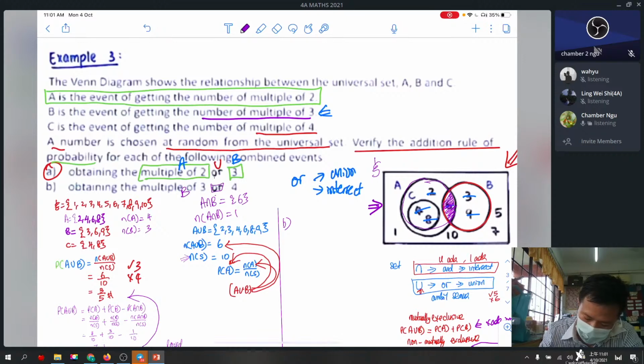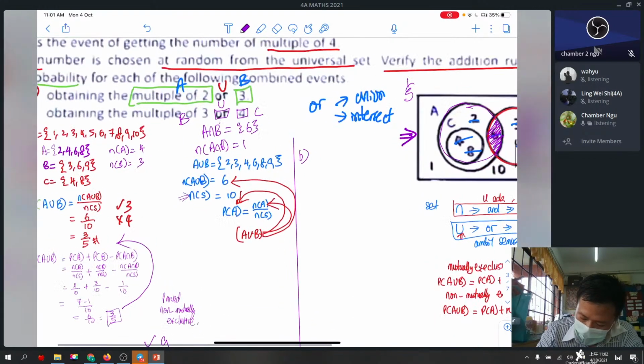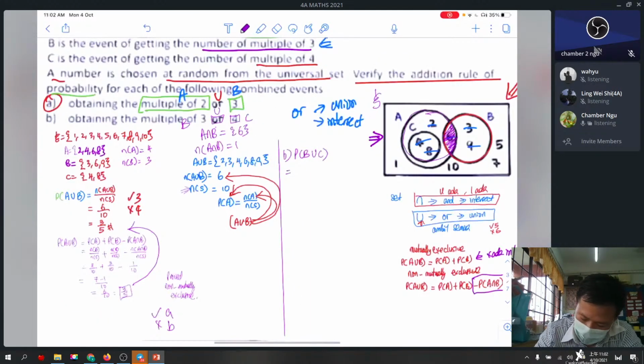Multiple of 4 is set C. So we are now looking for the probability of B union C.